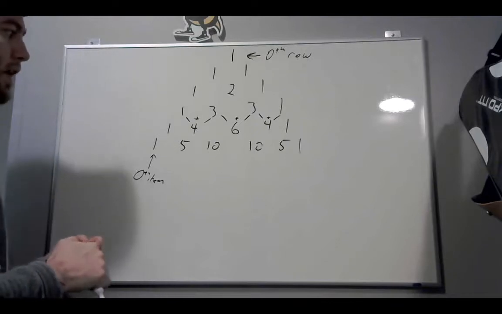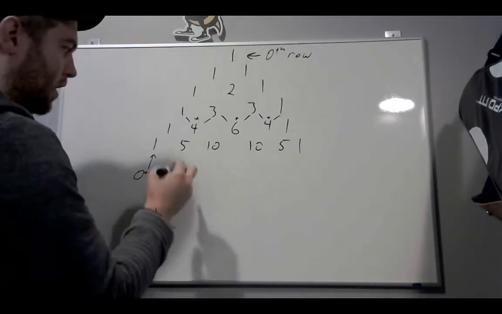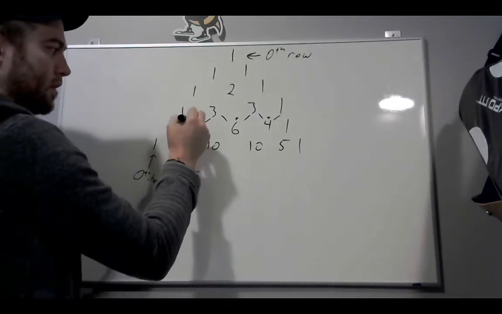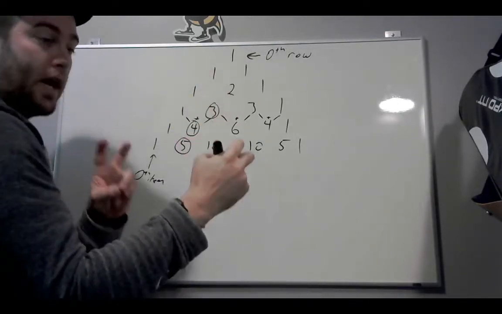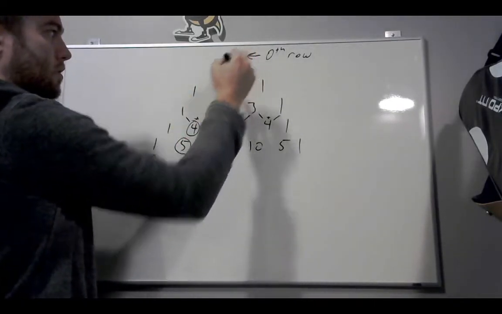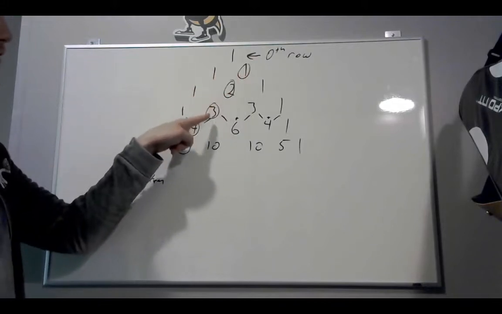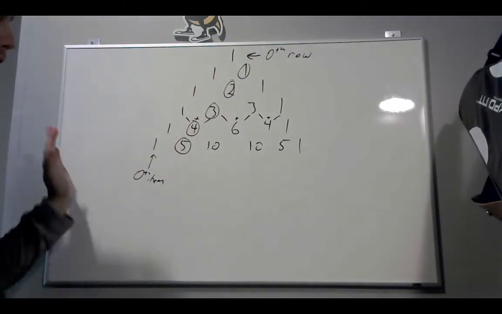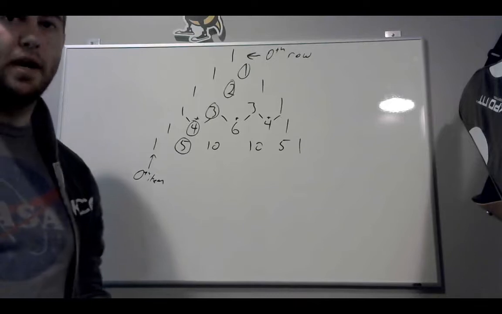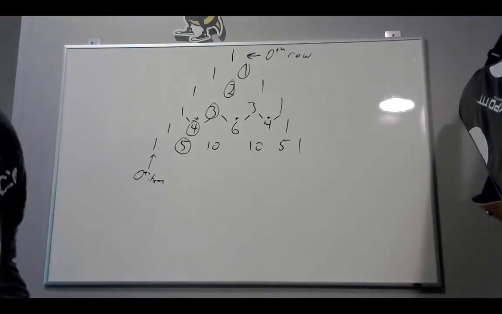One way to determine what row you're on is that it's always going to be the first item's number. So here's row 1, row 2, row 3, row 4, row 5, and so forth, and you can continue this pattern on and on.